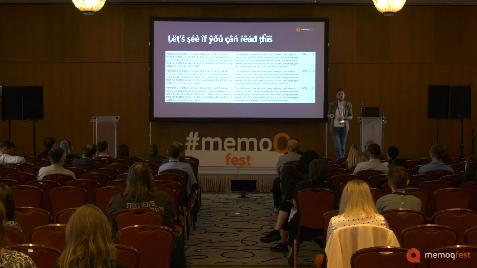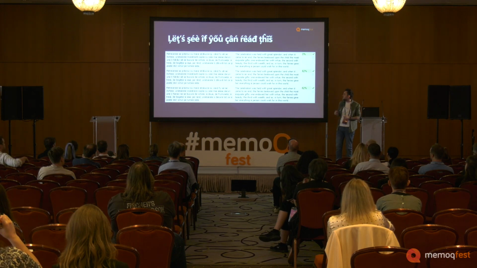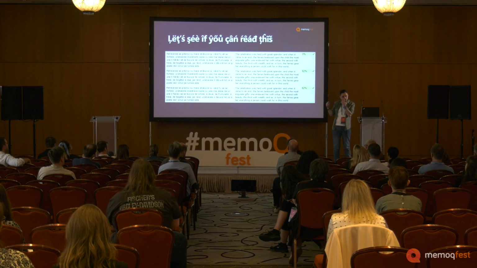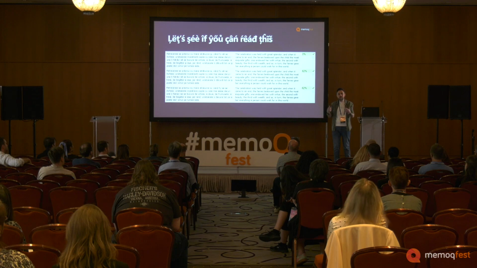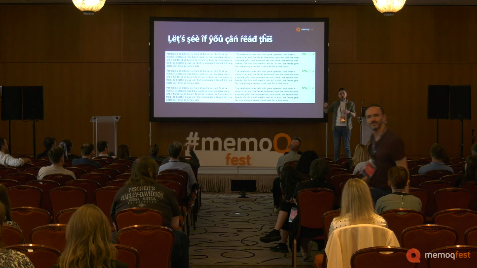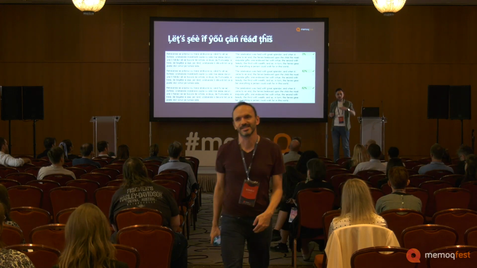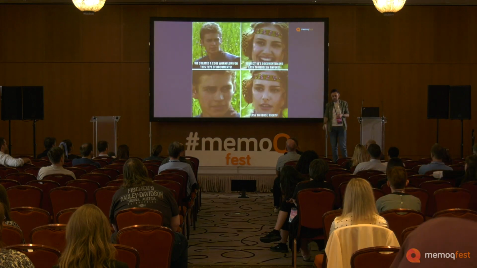Just remove them from the source. And the funny thing with memoQ, if you try to clean up your TM, let's say remove the diacritics from it and then import it back, it adds new segments because it's a different source. So you'll have duplicates in your translation memory with diacritics and without.